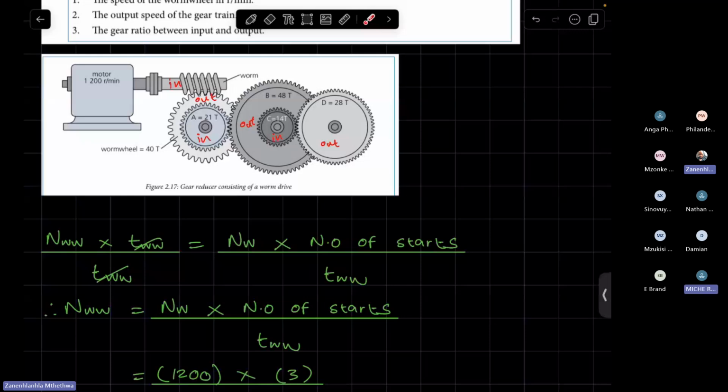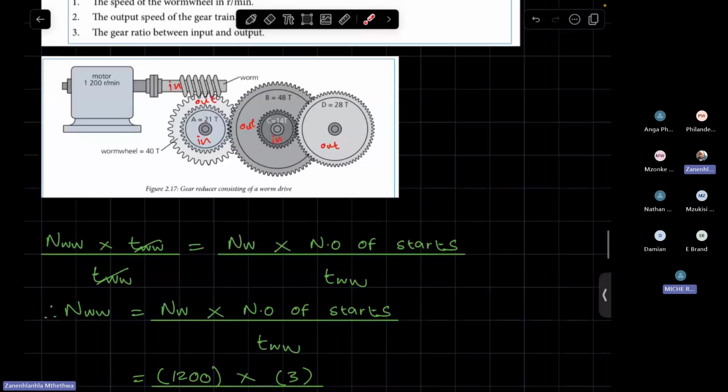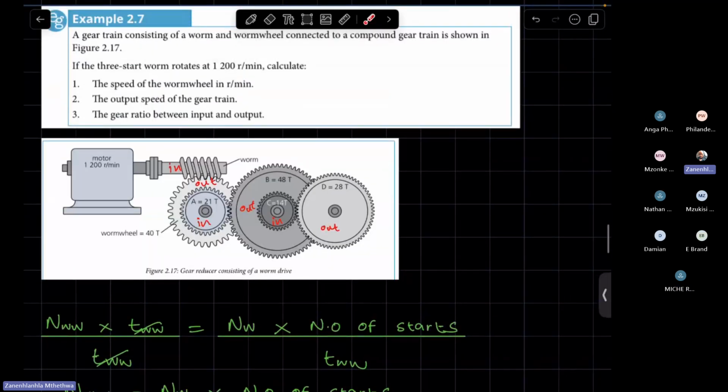Sir, what was that of the wormwheel? The three star. Is that the number of teeth that it's engaging, or what is it that engages with the output, the wormwheel?